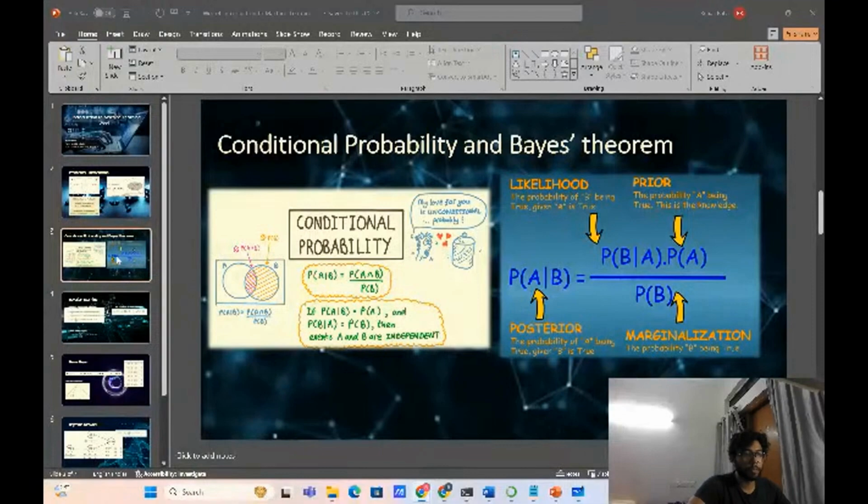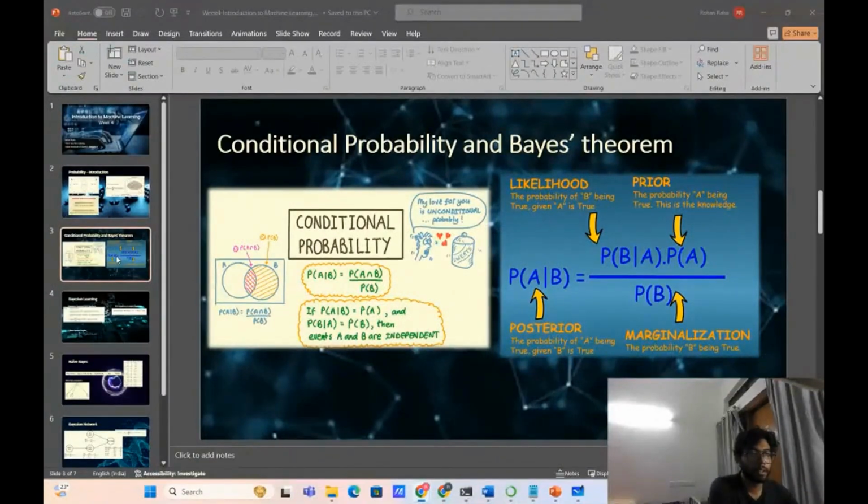Okay, so someone is asking whether P of H1 equals P of H1 given H2. Yeah, so for two events to be independent, you need to have P of A given B equals P of A, and P of B given A equals P of B. Two events are independent then.